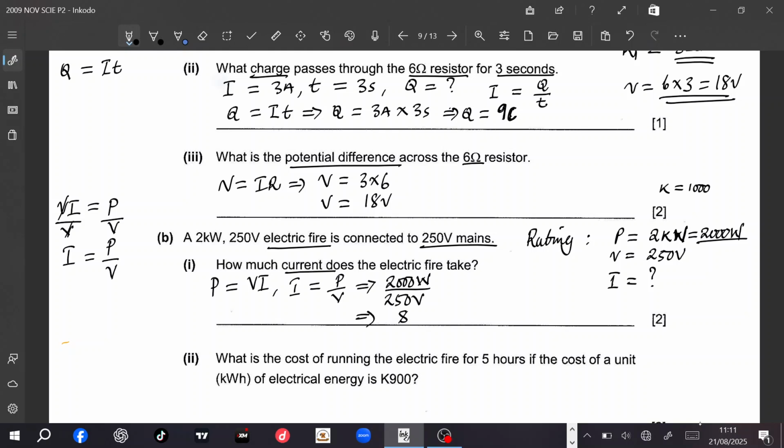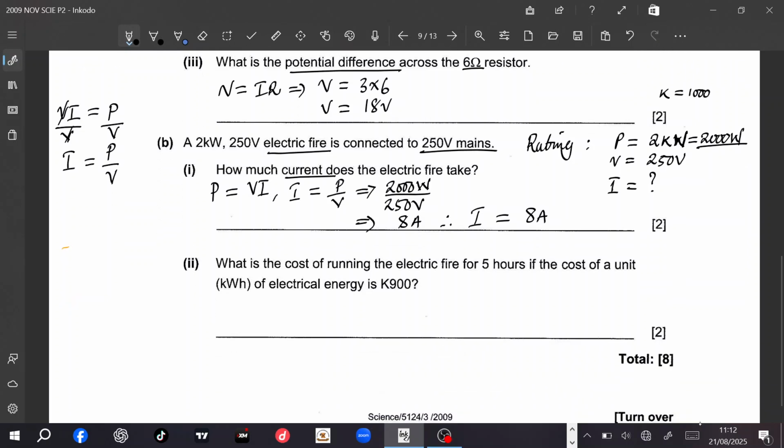This is current, so you put amps. Therefore, current is equal to 8 amps. Again, if you don't put the units, that will mean the answer will be considered wrong.